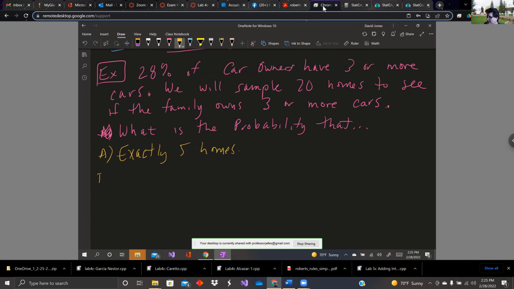Then we'll look at B, less than 4 homes. And let's do C, at least 1 home.